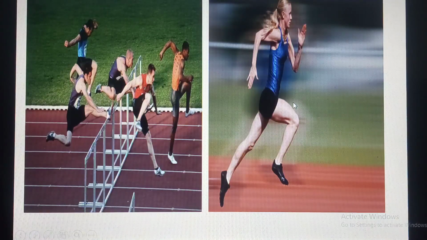Now, one key thing that I want to say regarding these hamstring muscles is that there could be a problem such as hamstring strain or even avulsion of the ischial tuberosity.